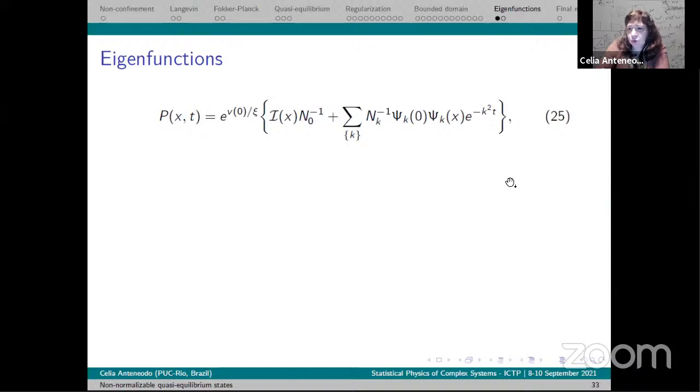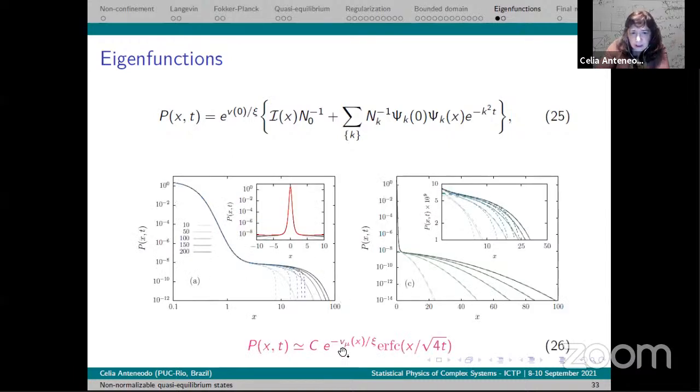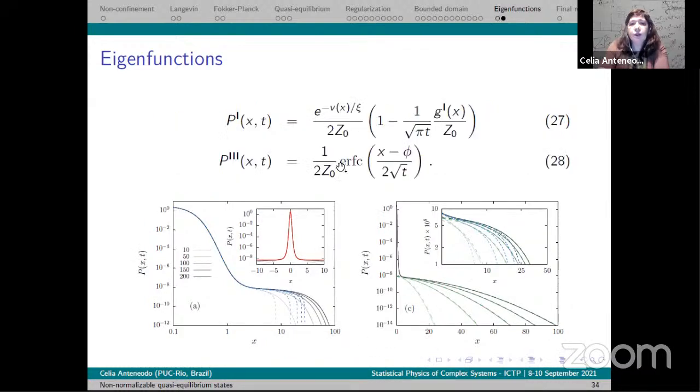I just wanted to comment that we performed calculations using eigenfunction expansions for this intermediate region where the quasi-equilibrium appears. I will not show the calculation, but just to recall that when I tried to explain how we apply the regularization procedure, I used this approximation, and in fact, through the eigenfunction expansion, we can arrive at expressions that justify that choice.